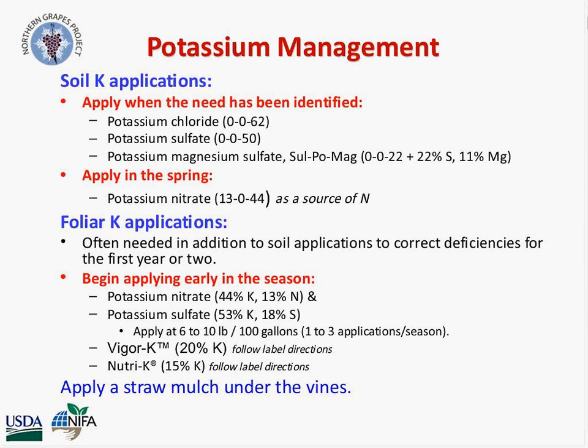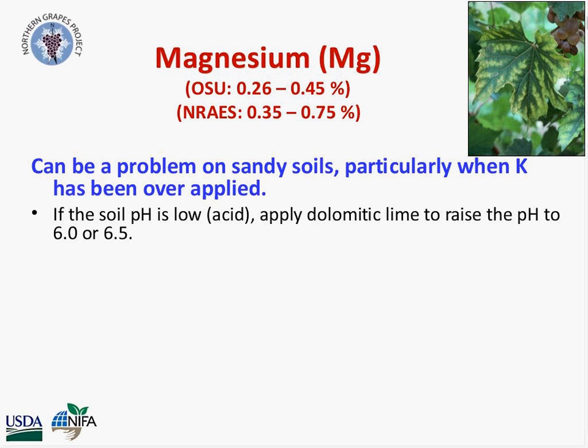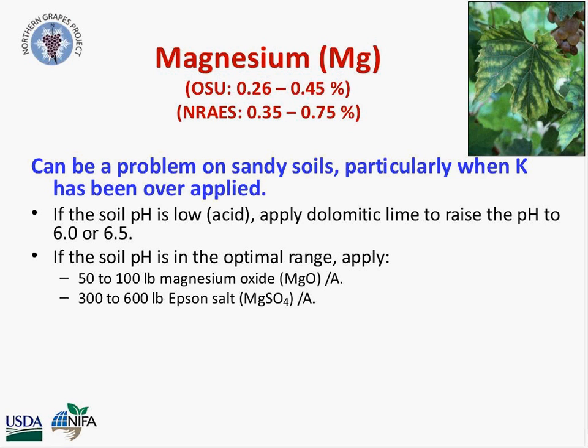And another way to go after this is foliar applications of Epsom salt. Generally 10 pounds per 100 gallons, 2 post-bloom applications. Now, magnesium can be a problem on some of our calcareous soils, so we have to be careful, because it will inhibit potassium uptake.